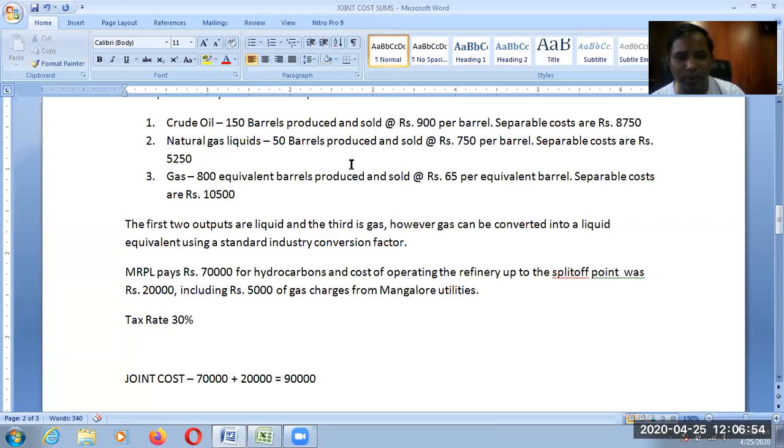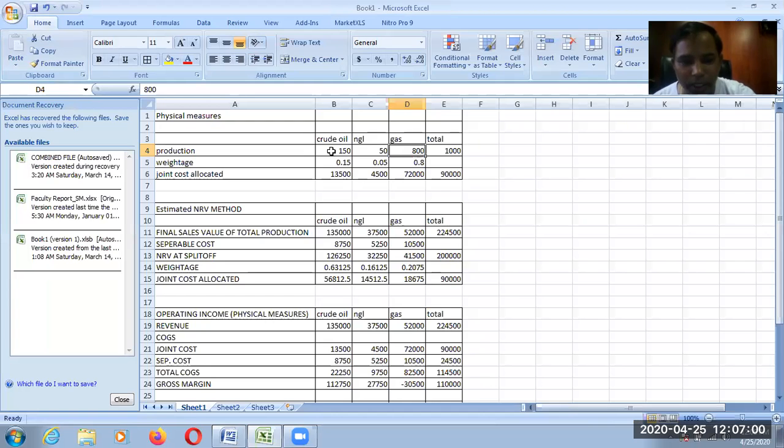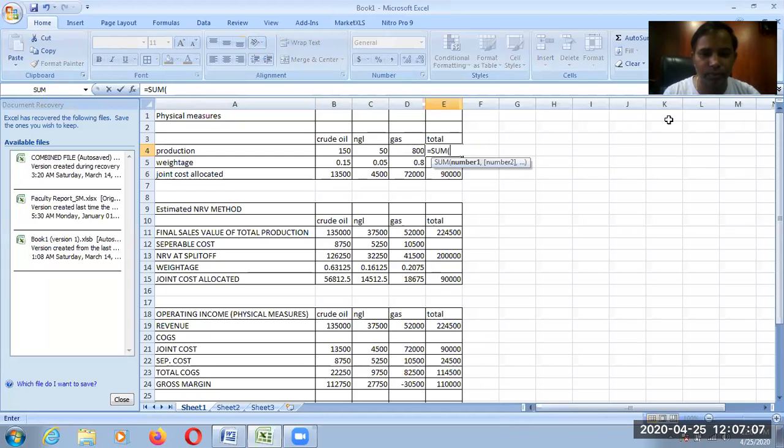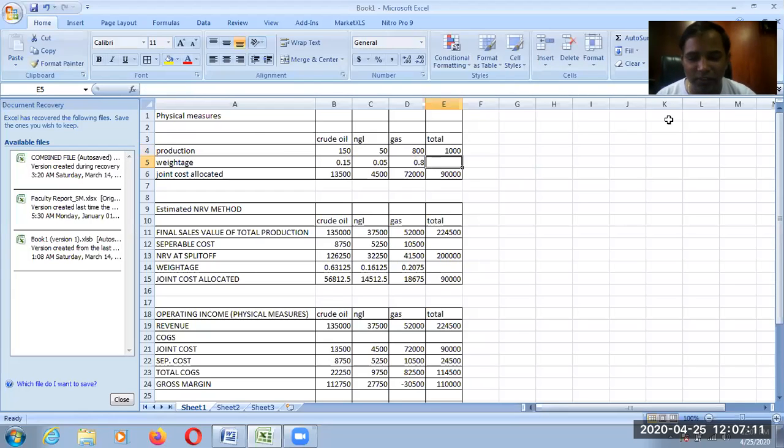If we go here, you can find 150 barrels, 50 barrels and 800 barrels. So the total production is 1000 barrels.